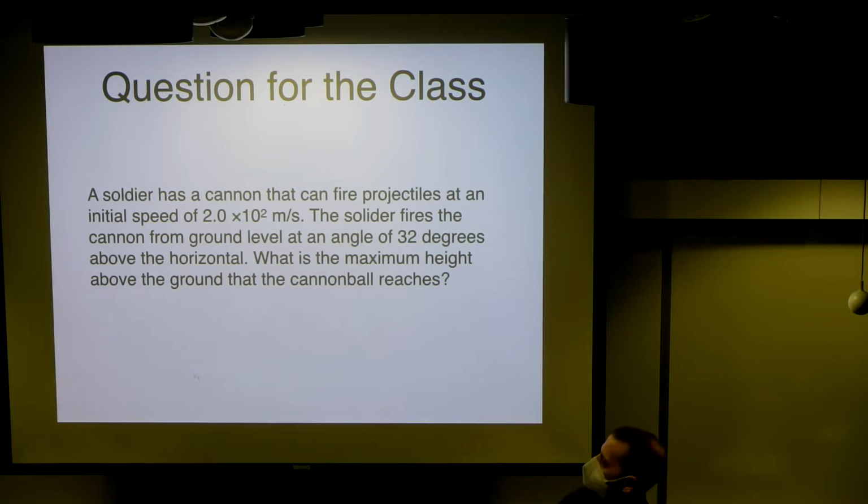Now let's say the soldier fires from ground level with a launch angle of 32 degrees above the horizontal, okay? So given that, what is the maximum height above the ground that this cannonball will reach in its trajectory? So just use the equation we derived. Okay, take a minute or two to get that.